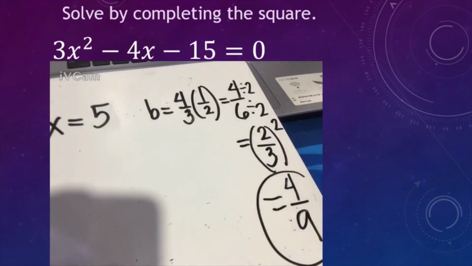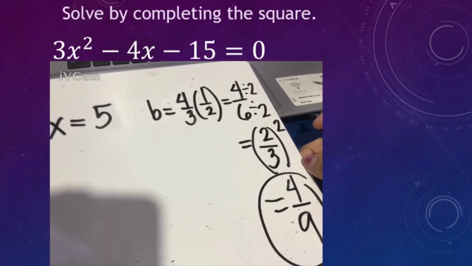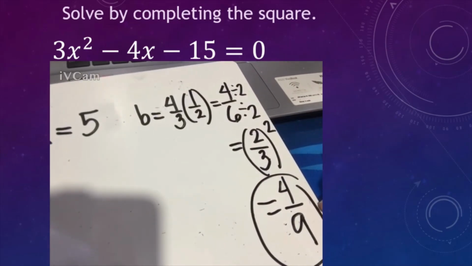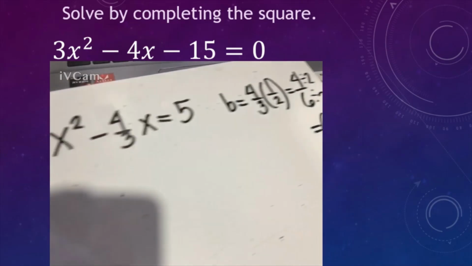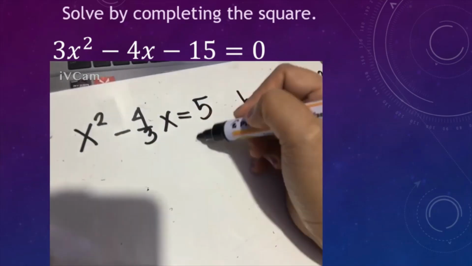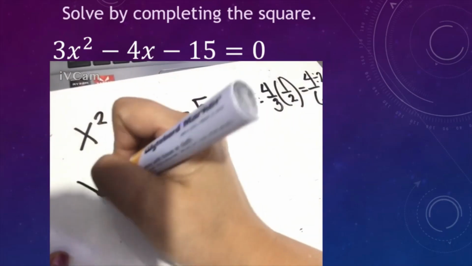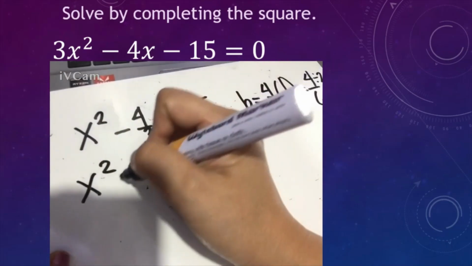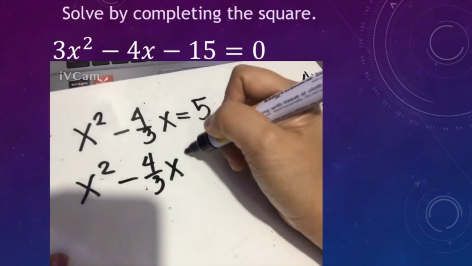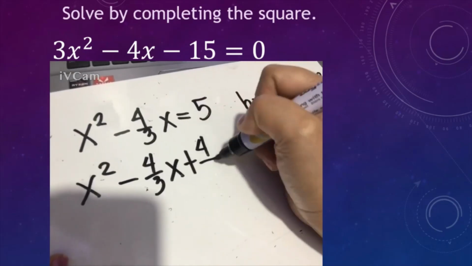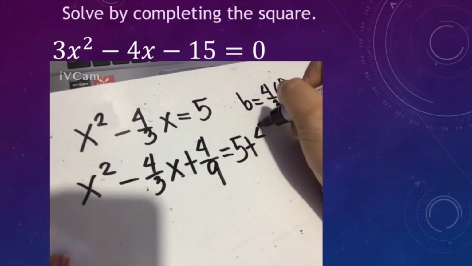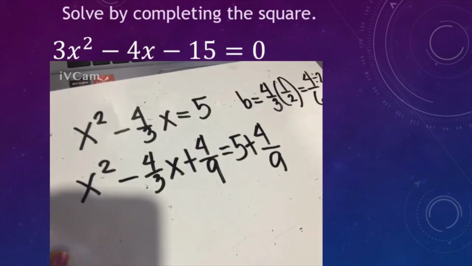So 4 over 9 is our constant term that we're going to add in the quadratic equation x squared minus 4 over 3x is equal to 5. So we will write x squared minus 4 over 3x, plus, to both sides of the equation, the 4 over 9 is equal to 5 plus 4 over 9.